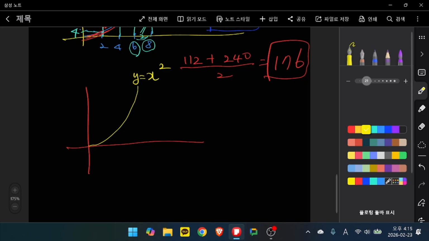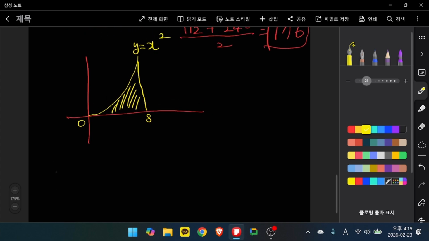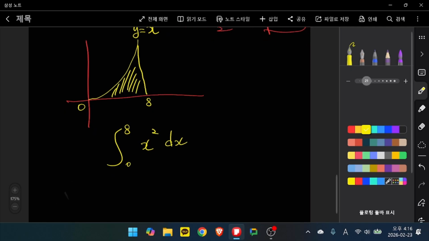If I calculate the actual area under the curve from 0 to 8, definite integral from 0 to 8 of x squared dx.